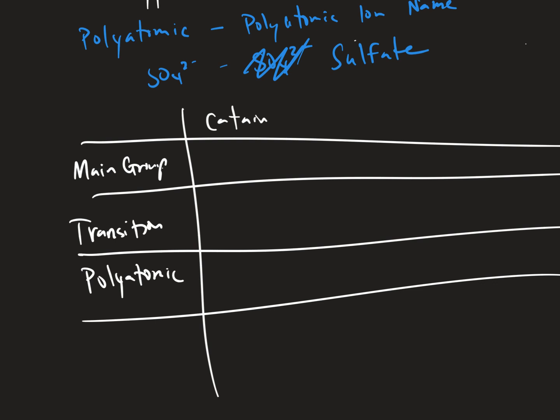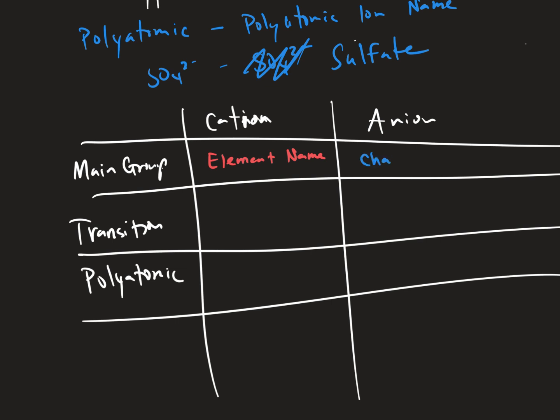So the cation, the anion. Main group, use the element name. Anion, we change the ending to IDE.